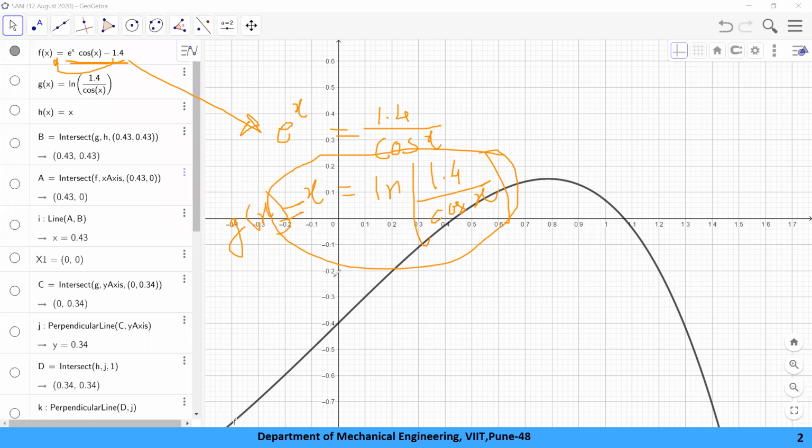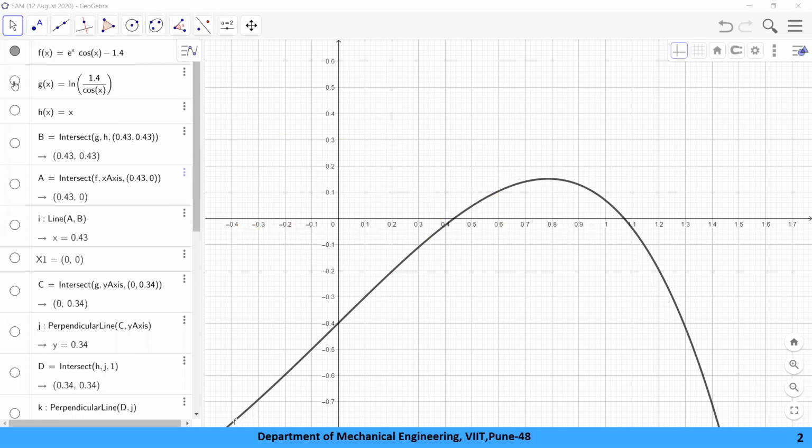I hope you understood this. I have just done a little bit of modification. Then if I plot that onto the graph, this green curve shows us g(x). See, g यहाँ पे highlight किया है हमने. This is the g(x) function.